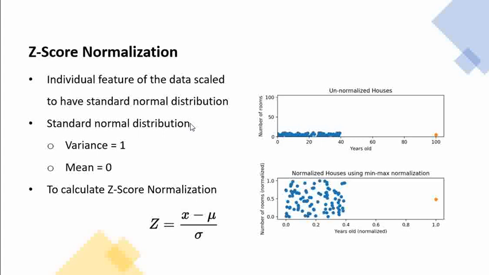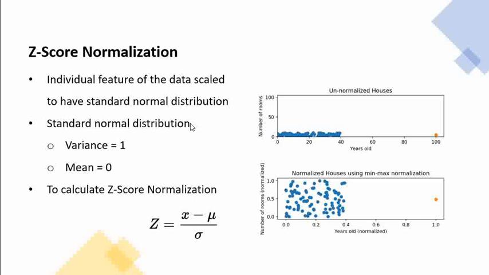What do you mean by standard normal distribution, which we all know? Basically, a standard normal distribution is something which has a mean of 0 and variance of 1. So that means we are trying to bring the data together to a known range.